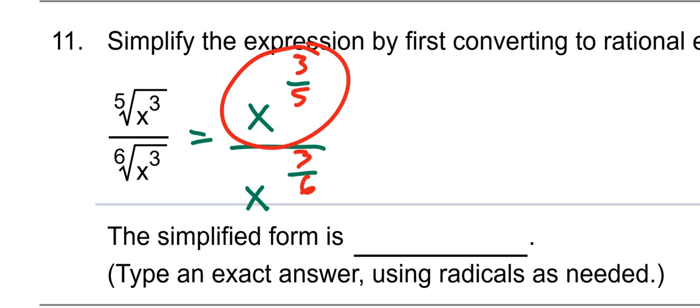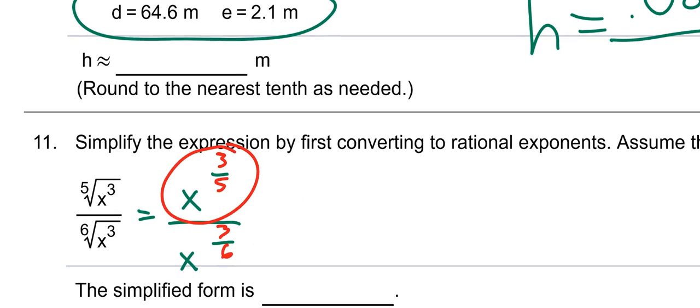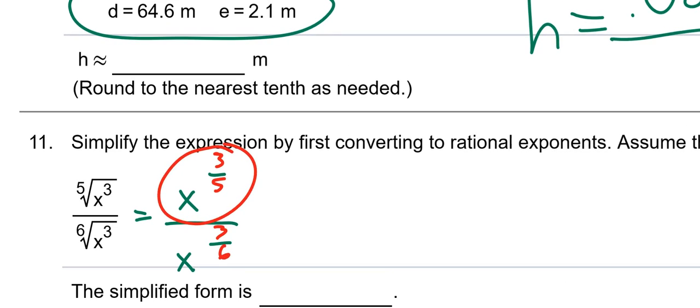Power over the root. Now, when we multiply like bases, we added the exponents. What did we teach you back in Algebra 1 about dividing like bases? What do you do with those exponents?